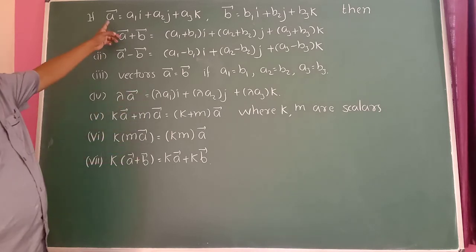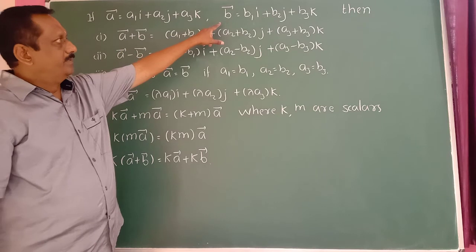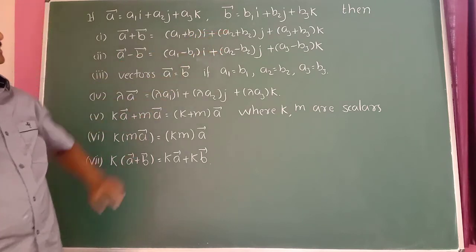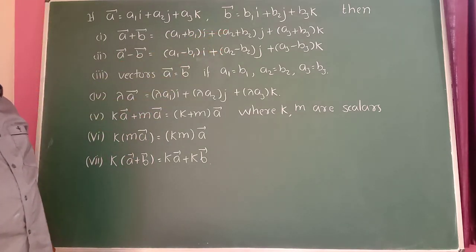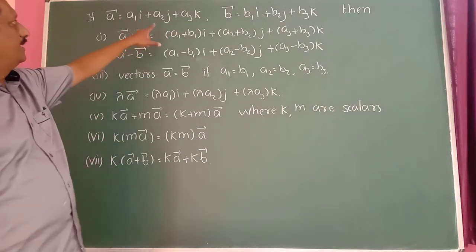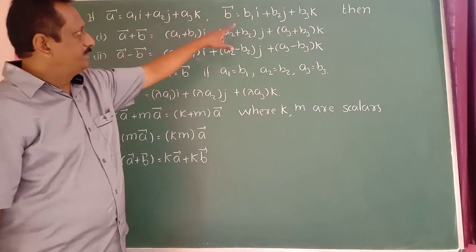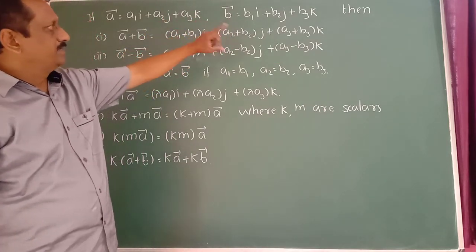So here a bar is equal to a1i plus a2j plus a3k, and b bar is b1i plus b2j plus b3k. These are the component forms of two vectors. Then the sum of these two vectors is given by (a1 plus b1) i plus (a2 plus b2) j plus (a3 plus b3) k.